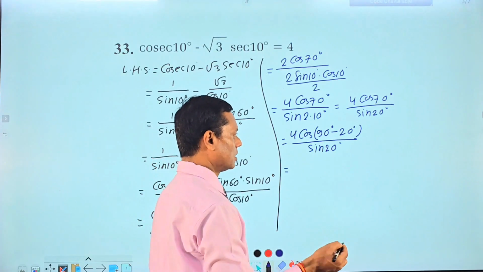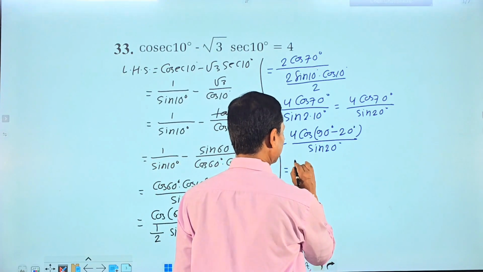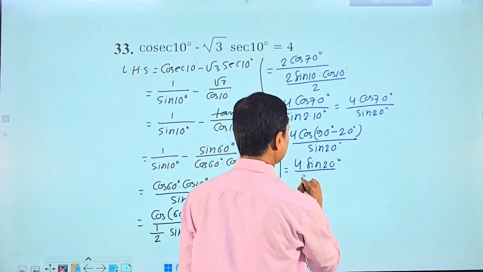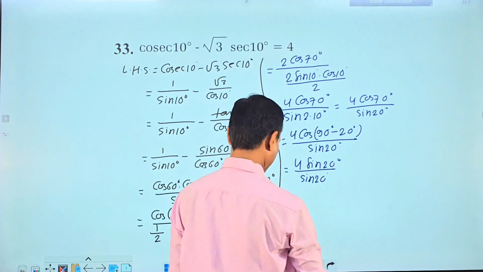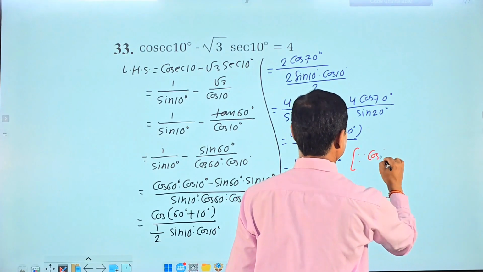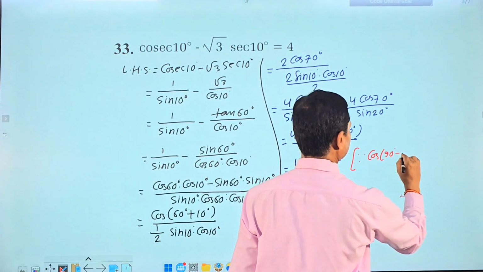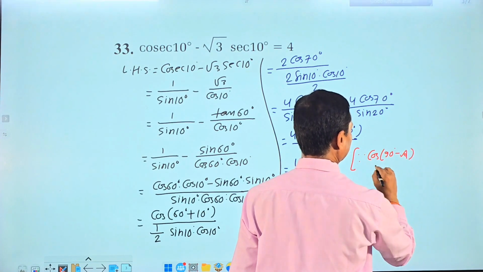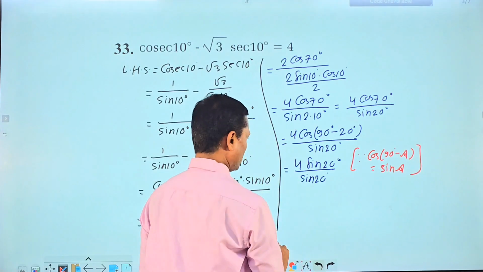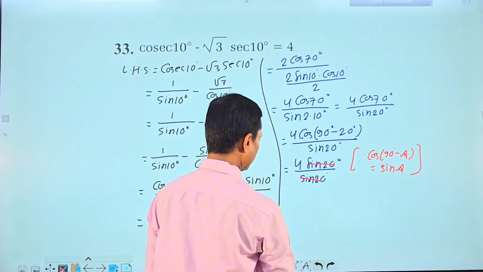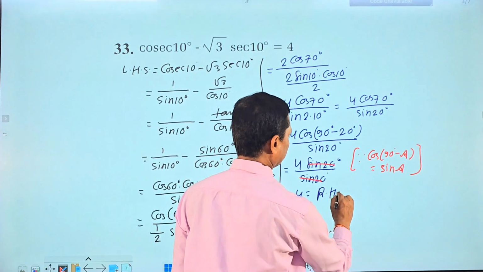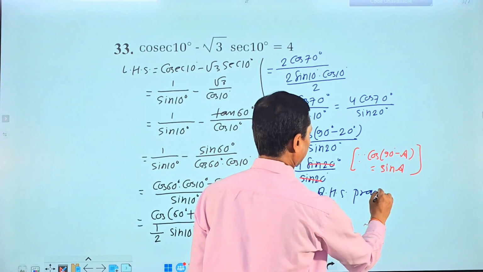Here is 90, so the trigonometric ratios will be changed. So this is 4 sine 20 degree over sine 20 degree. Write down inside the bracket the formula. Cos 90 degree minus A equals sine A. First quadrant is always positive, and you can cut these two parts. Remaining you will have here 4, that's equal to right hand side, and proved.